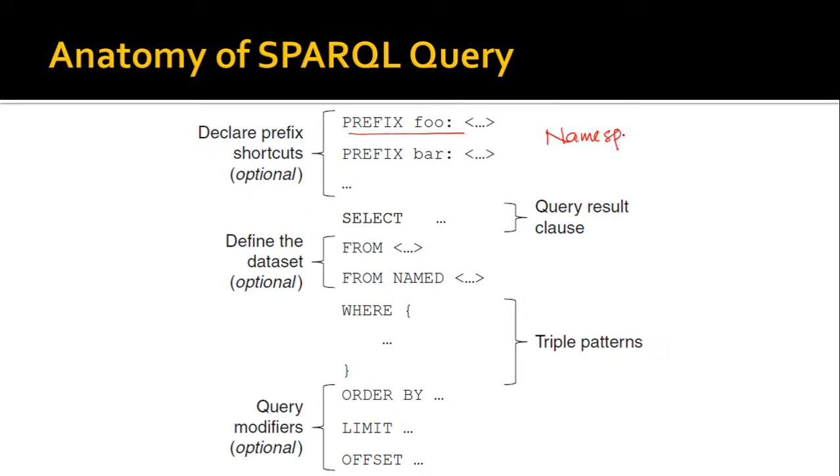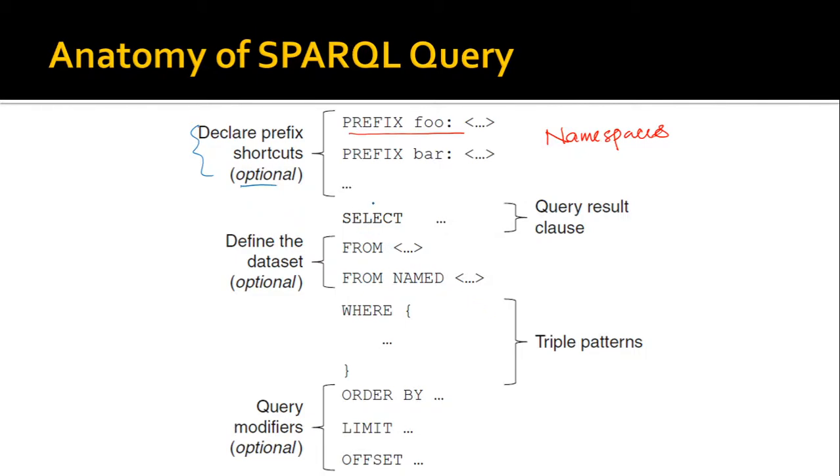We know that namespaces are very useful in shortening RDF documents, right? We can replace these namespaces with the actual URLs. But if you don't choose to do that, this prefix declaration box will be optional, right? In that case, you don't really require this prefix definition. So that's why this is optional, right?